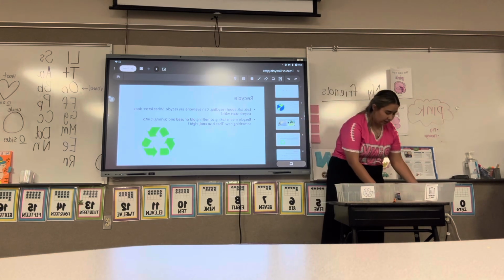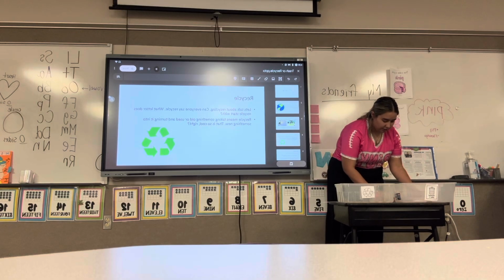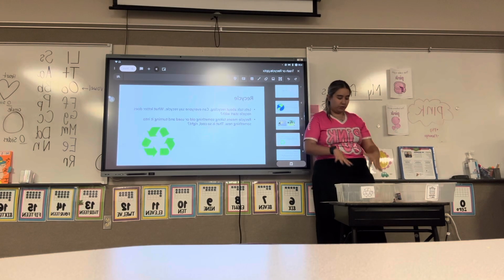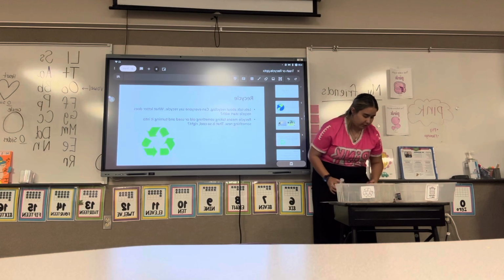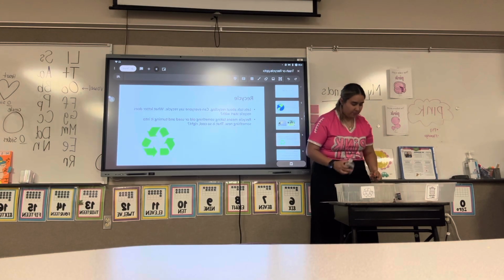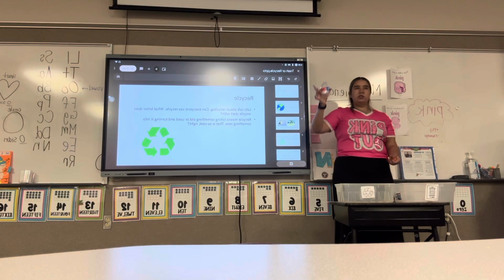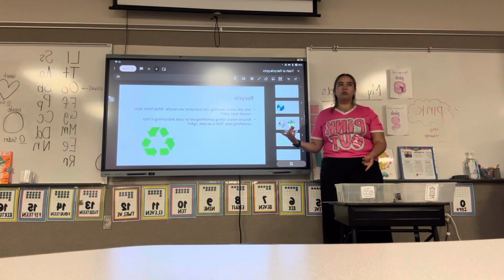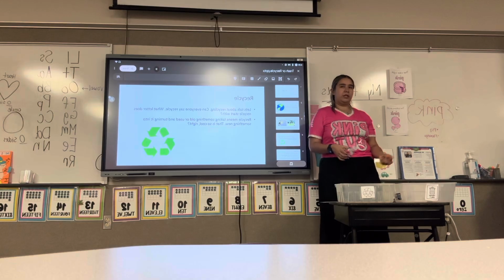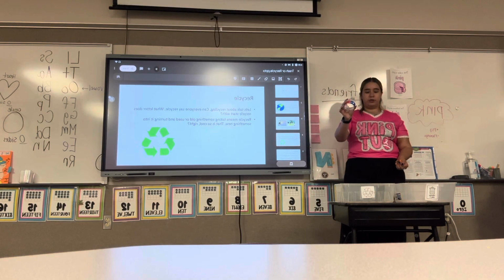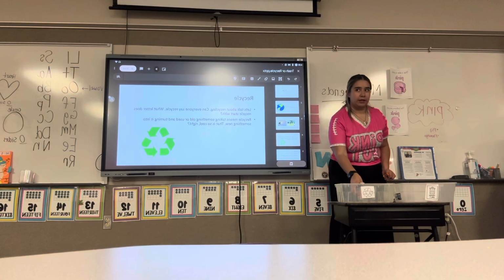We're going to take a look, and I'm going to show you which one of these would be recycle and which one of these would be our trash, okay? So, this is a plastic bottle. Do you think it would go in the trash or recycle? Let's take a look. I'm going to show you, okay? So the water bottle is going to go in the recycle bin, okay?